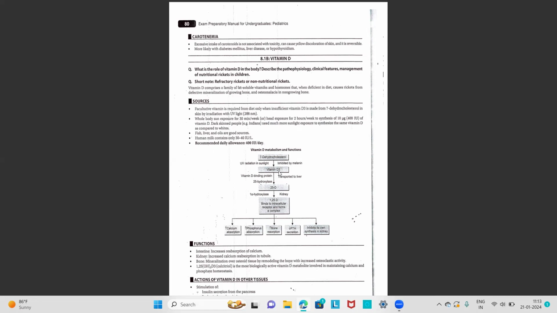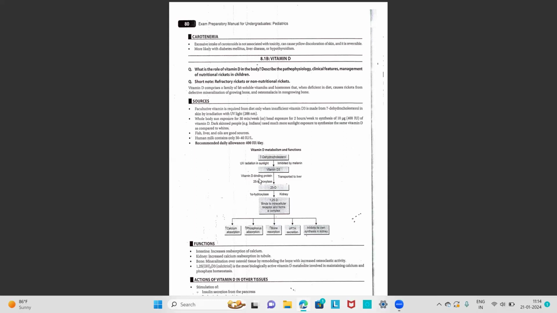Now coming to vitamin D metabolism and functions, that is how it is metabolized in our body and what functions it maintains. It is derived from 7-dehydrocholesterol by UV radiation in sunlight, which produces vitamin D3.